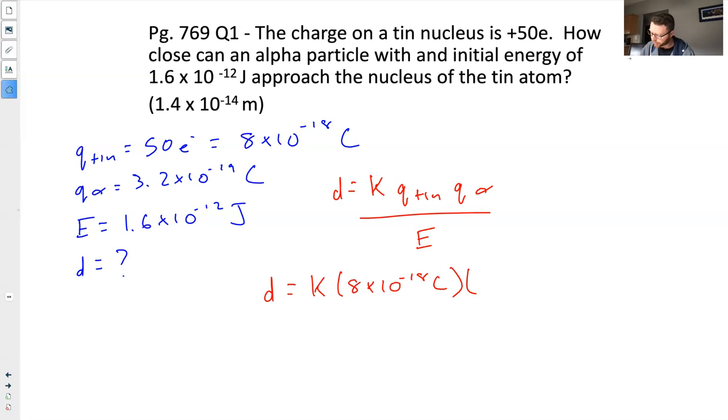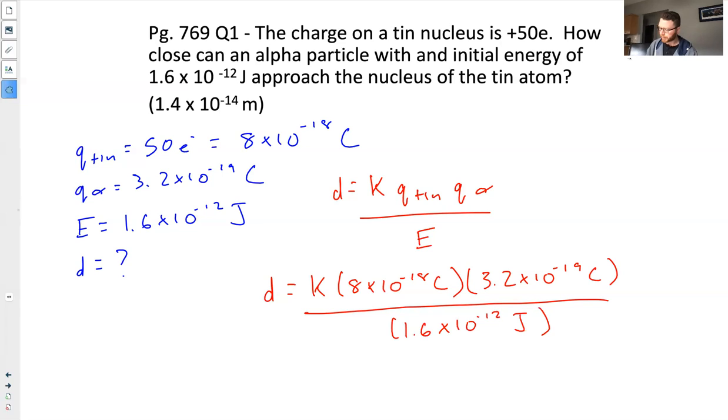Charge of the alpha particle, 3.2 times 10 to the negative 19 coulombs. And the initial energy is 1.6 times 10 to the negative 12 joules. We'll punch those into our calculator and hopefully you get a distance of 1.4 times 10 to the negative 14 meters.